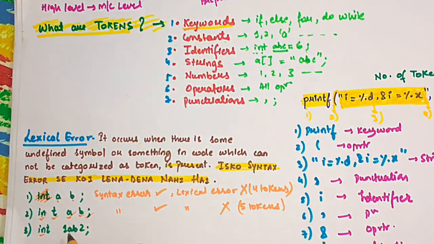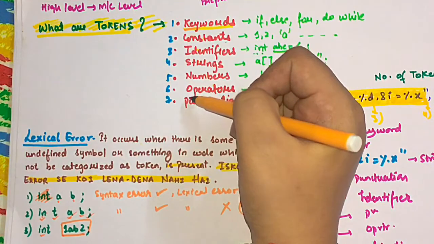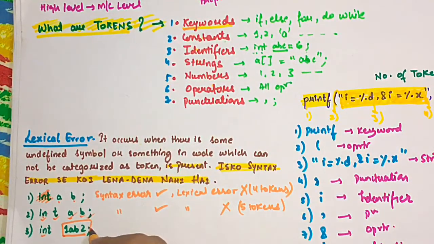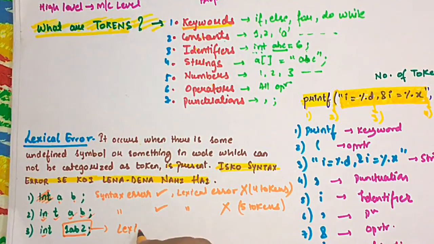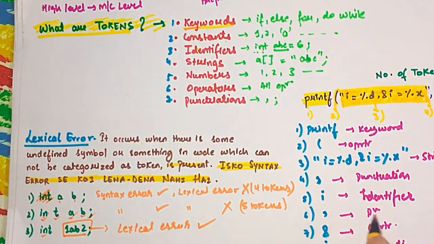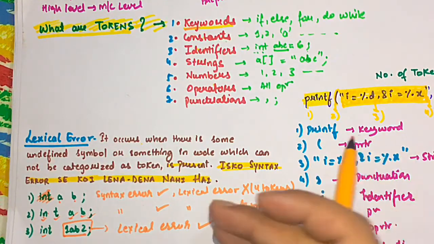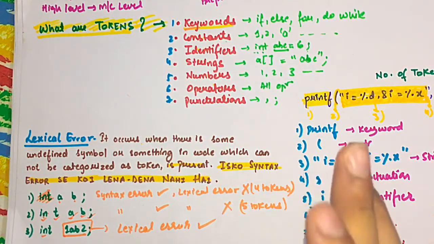So here the lexical analyzer will not be able to classify this into any of the categories we have defined above. So the lexical analyzer will throw a lexical error. I hope you understood this. Let's see 2, 3, 4 more examples to get this topic more and more clear.